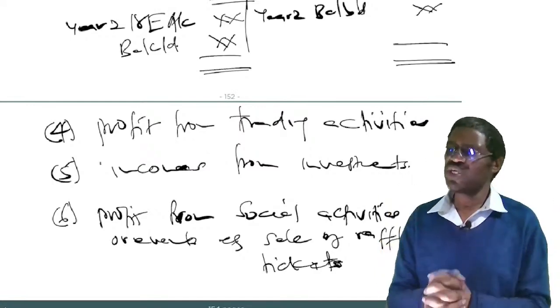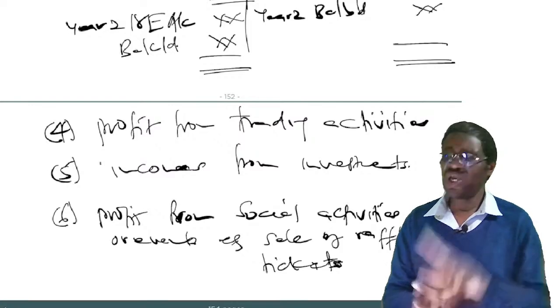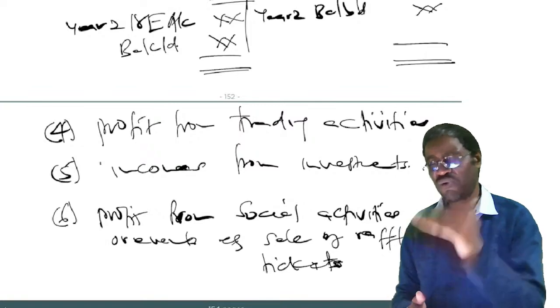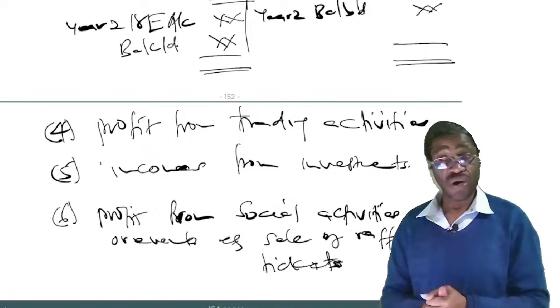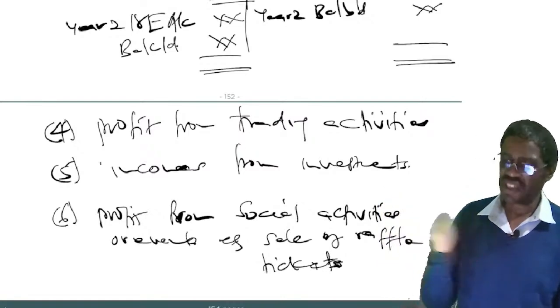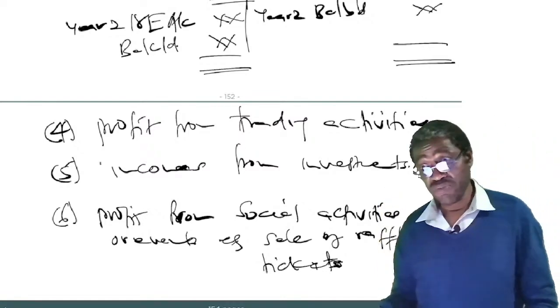But when it comes to income and expenditure, we have looked at what are the sources of incomes for non-profit making organizations. We have discussed the first and the major one, which is subscriptions from members.